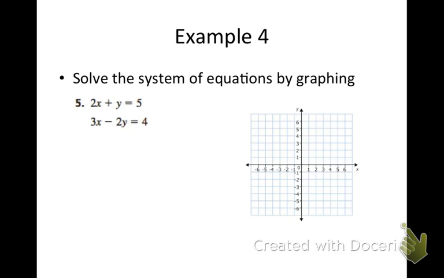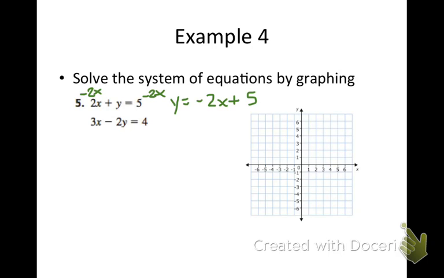And for this one, I think it'll be easiest if I change them to slope-intercept form. So for the first one, I will rewrite it by subtracting 2x on both sides. So I'll get y is equal to -2x plus 5.